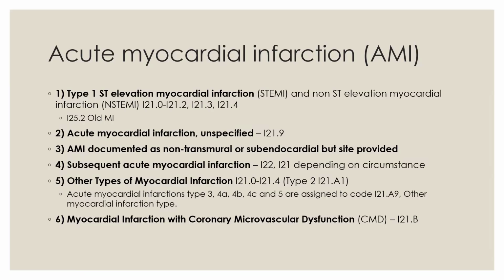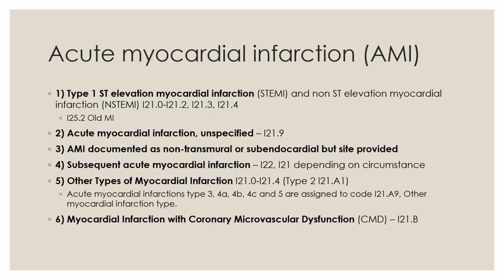Code I-21.4 is for a non-ST elevation myocardial infarction, or an NSTEMI. This is used for a type 1 NSTEMI and non-transmural MIs. If a type 1 NSTEMI evolves into a STEMI, you'll assign the STEMI code.